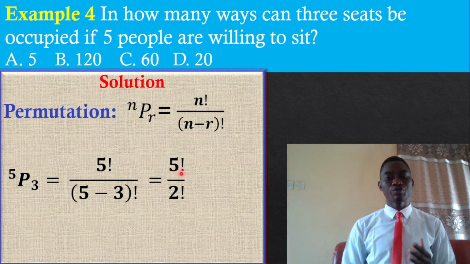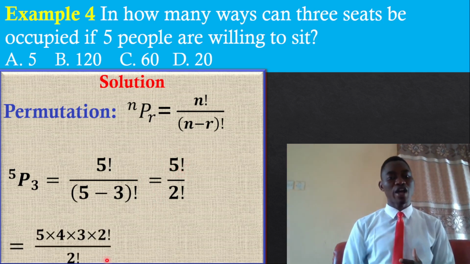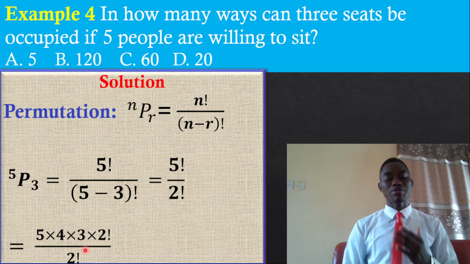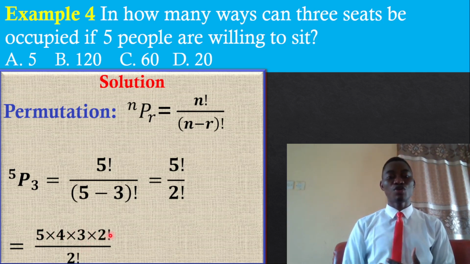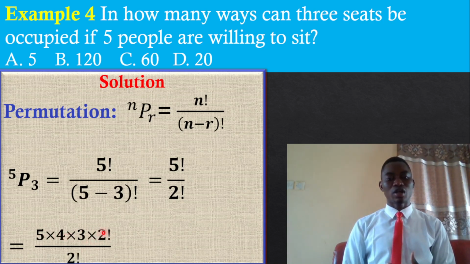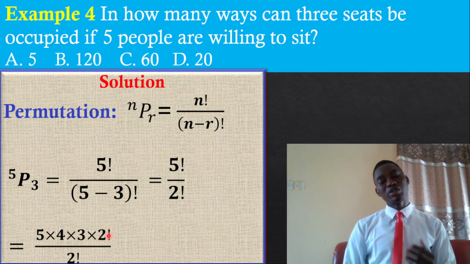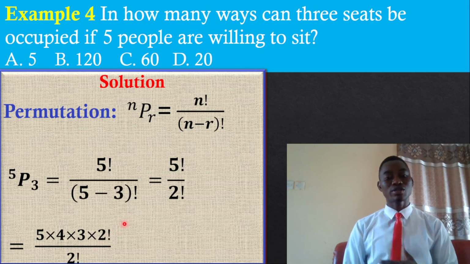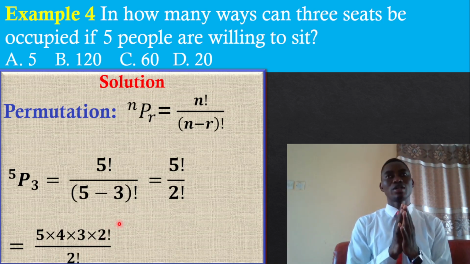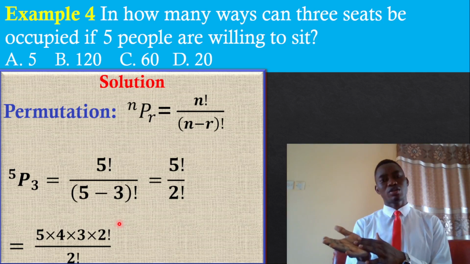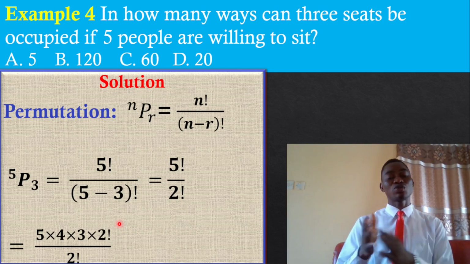We have 5 times 4 times 3 times 2 factorial, all over 2 factorial. We stopped at 2 factorial because we have 2 factorial down, so it will be easier to cancel. 3 factorial is actually 3 times 2 factorial, the same as 3 times 2 times 1.